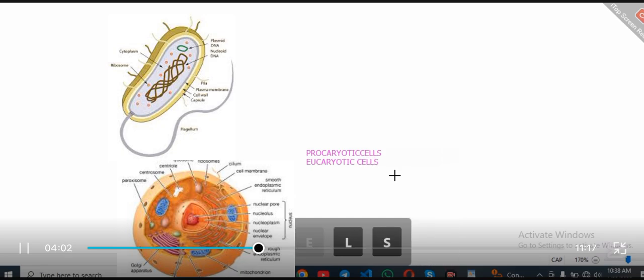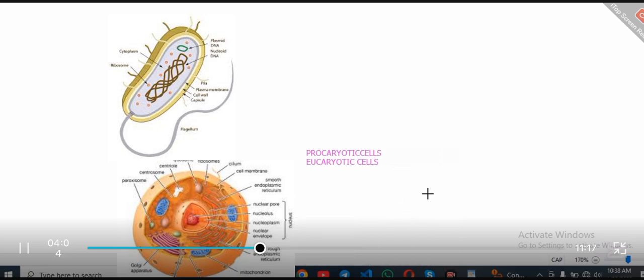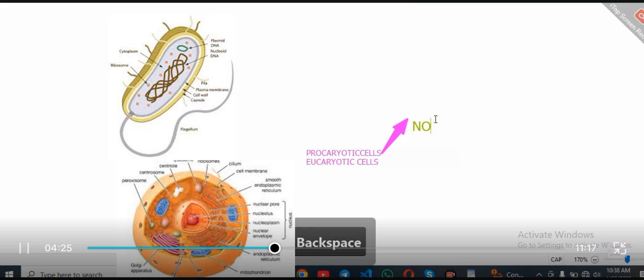So the major difference is that prokaryotic cells do not have a true nucleus, or do not have all the cell organelles. Majorly we classify it as no true nucleus.